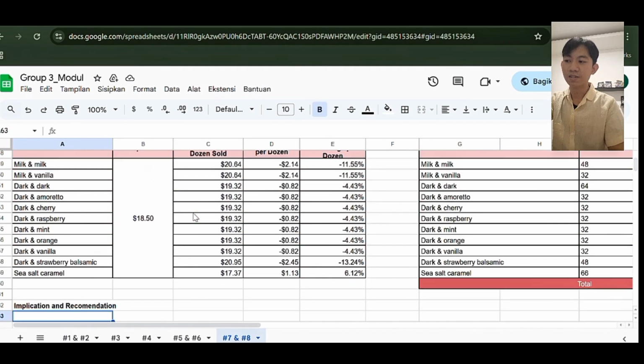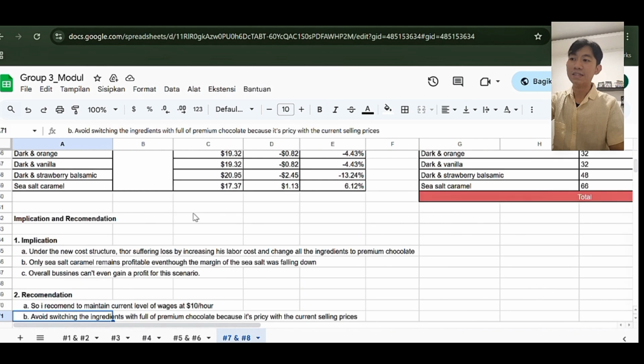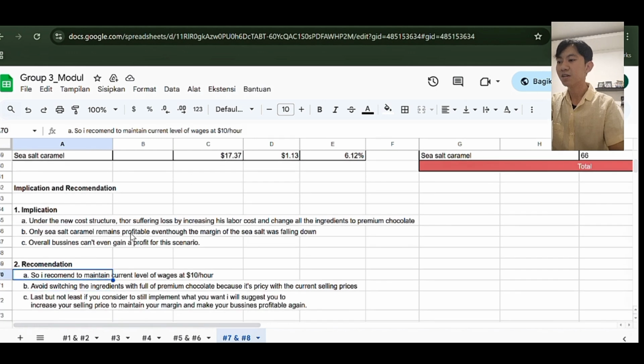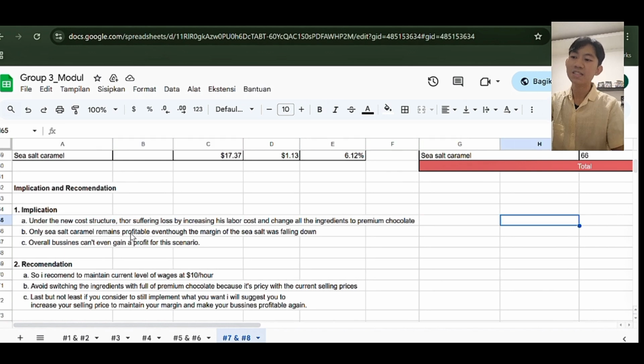So I will talk about the implication and recommendation for Tor's business. Okay, so the implication is that under the new cost structure, Tor suffers a loss because of increasing labor cost and changing all the ingredients to premium chocolate. So instead of using bulk plus premium chocolate, they use all premium chocolate, which makes the cost too high and not profitable.